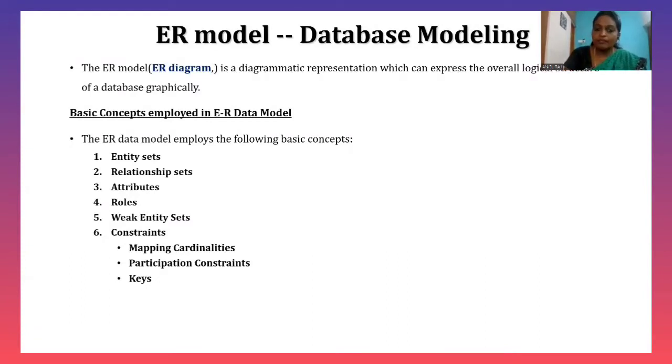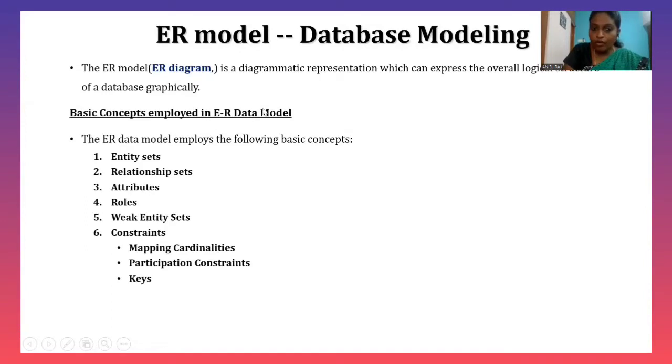With the help of these many entities put together and with the relationships among the different entities, a diagram is drawn that depicts the original structure of the database, which we are going to see in this topic. The ER model, as I told you earlier, is a diagrammatic representation which expresses the database graphically.